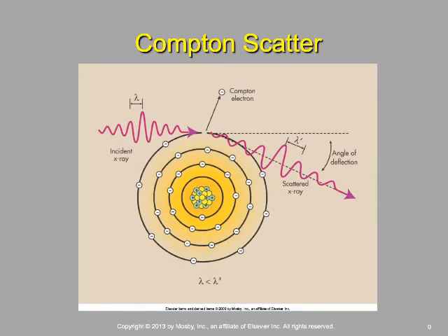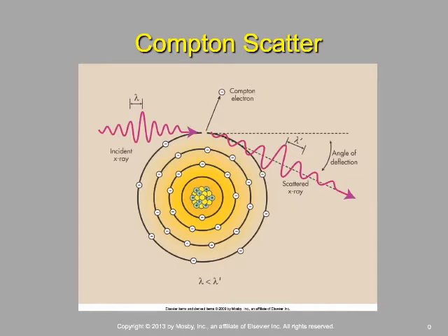Compton scatter is hugely important. This is significant for us as X-ray techs because it can result in noise on the image receptor, as well as dose to us who are working in this field.